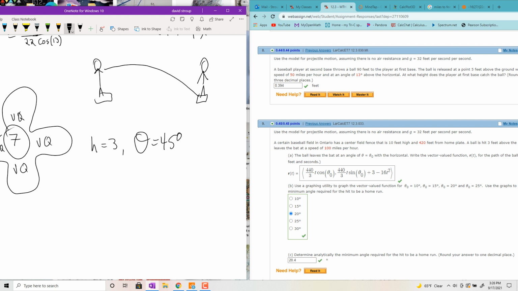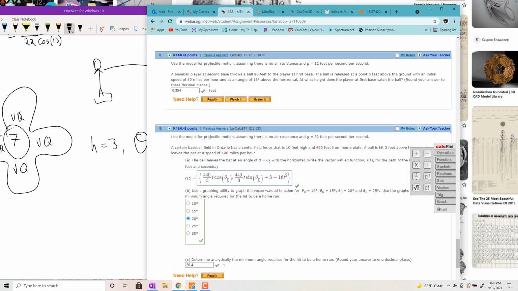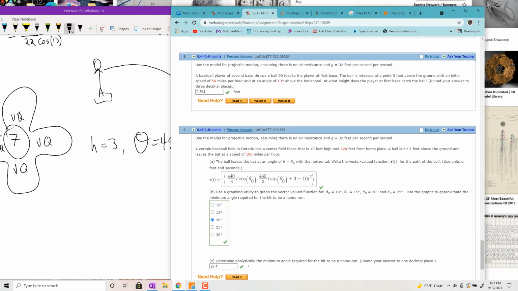Oh, in the last one, when you type in your answer, you can't just type in theta. You have to type in theta sub-0. I could not figure out what was wrong. So you have to use this button and click that, and then the Greek theta, and then sub-0. Otherwise, it'll mark it wrong, and you'll be like, what is going on?